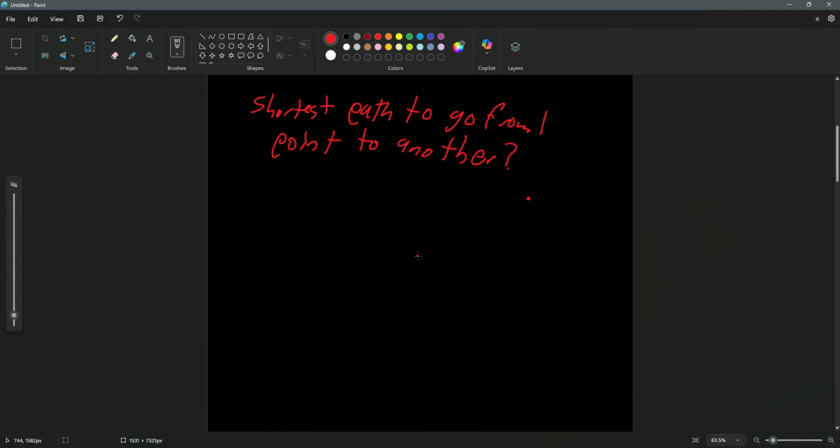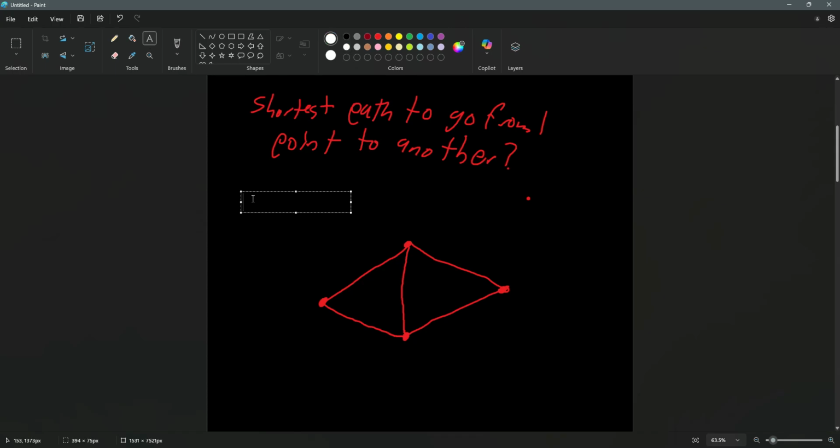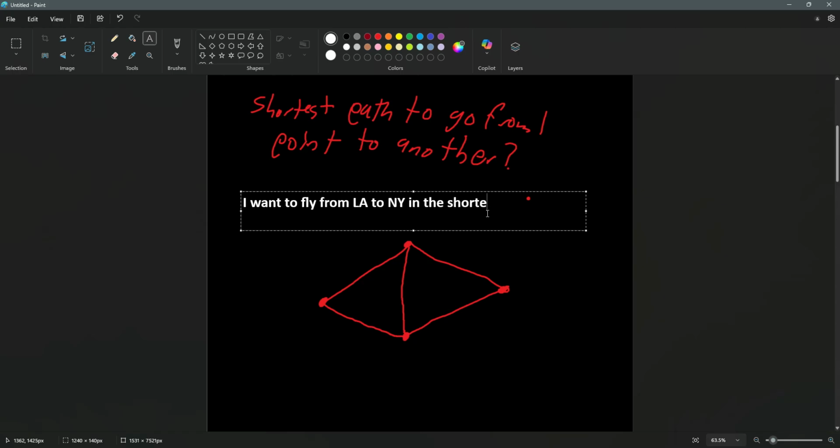So let's say we have this setup. I'm going to draw this graph right here, over here, here, here, here, and here. Now let's say that the setup we're looking at is this: I want to fly from LA to New York in the shortest amount of time possible, but I have to deal with connecting flights.